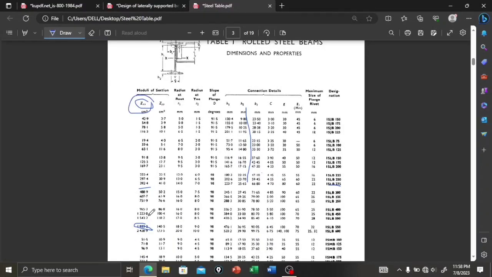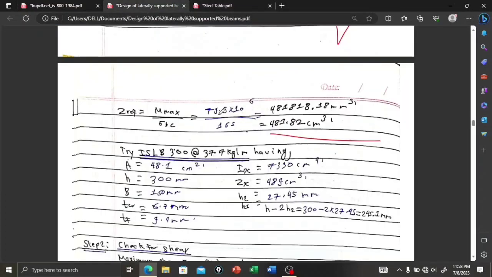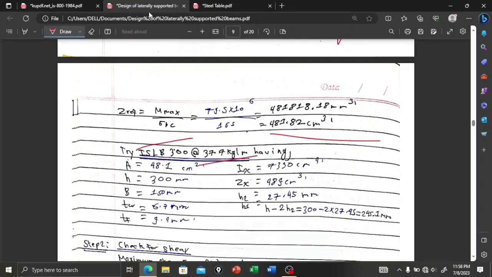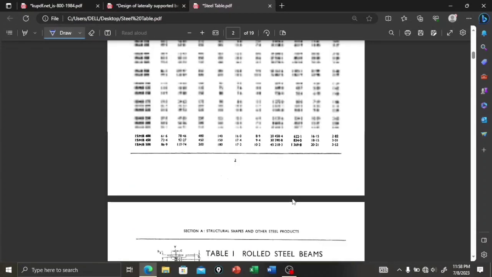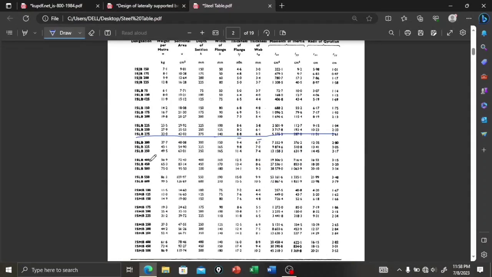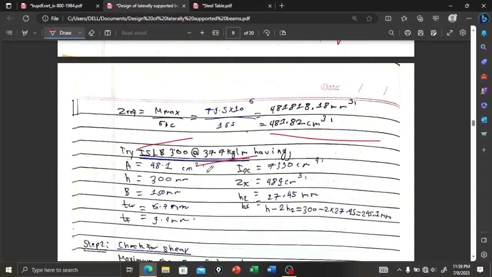We need to choose Z slightly greater than this 481, so it is ISLB 300. ISLB 300 is 37.7 kg per meter.